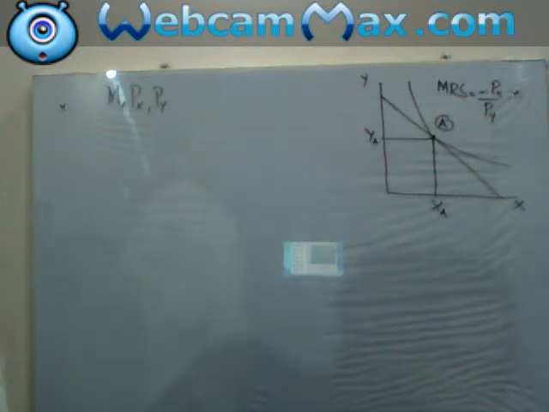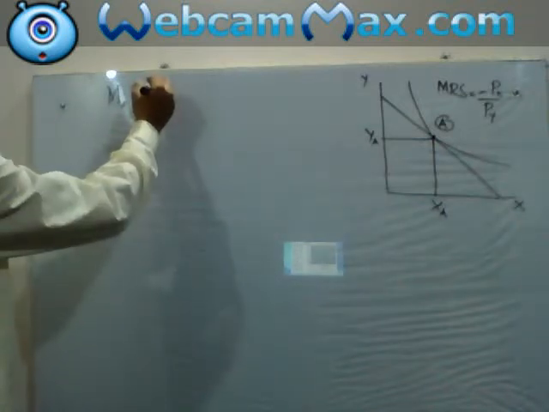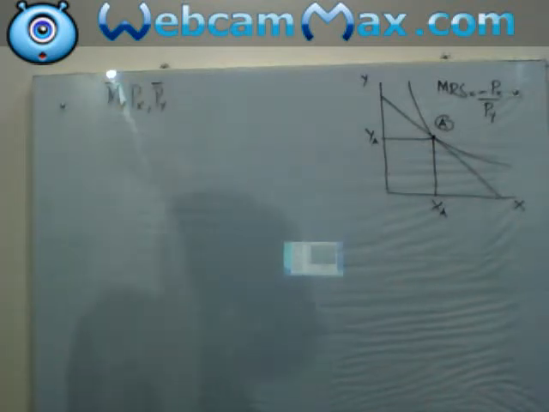Now we allow changes in the price of x, and we are saying that the price of x rises while income and price of y are constant.